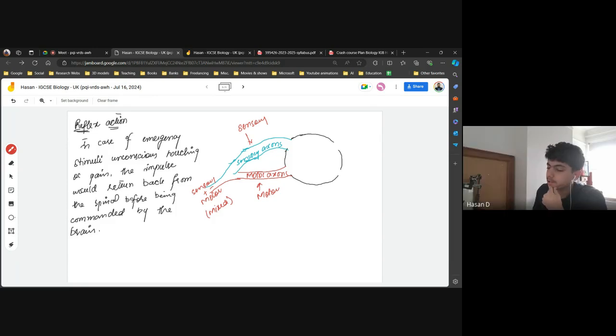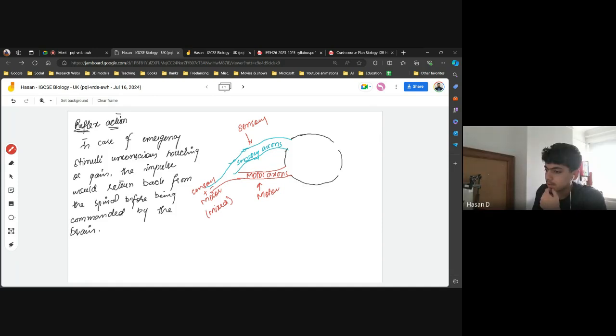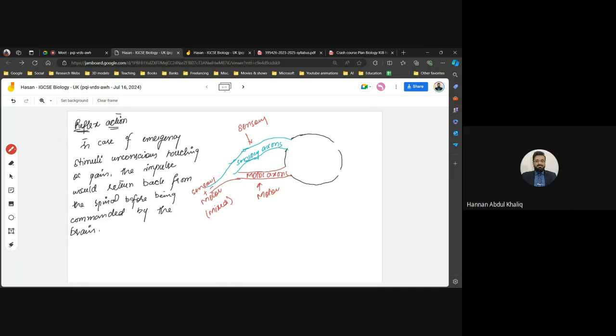So they carry signals to your brain to help you with touch, taste, smell, and sight. Now, what is a sensory nerve then? If a sensory neuron is the definition you just told, what's a sensory nerve?